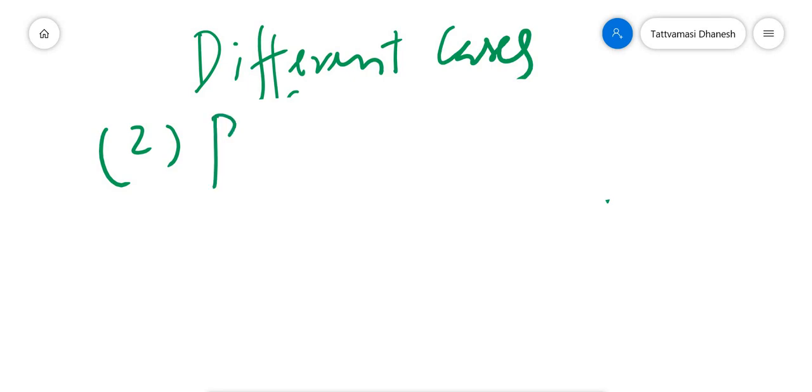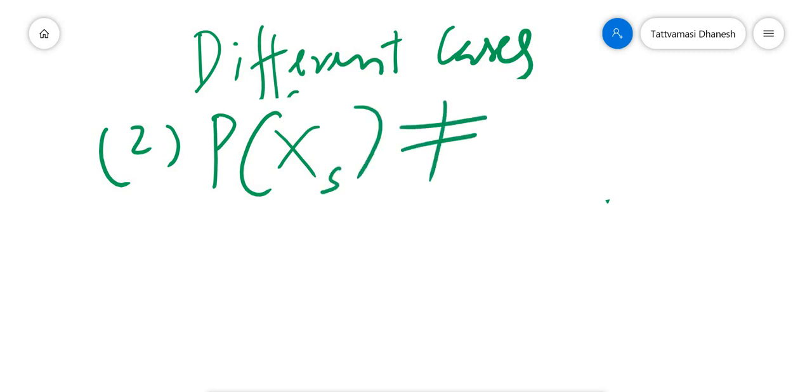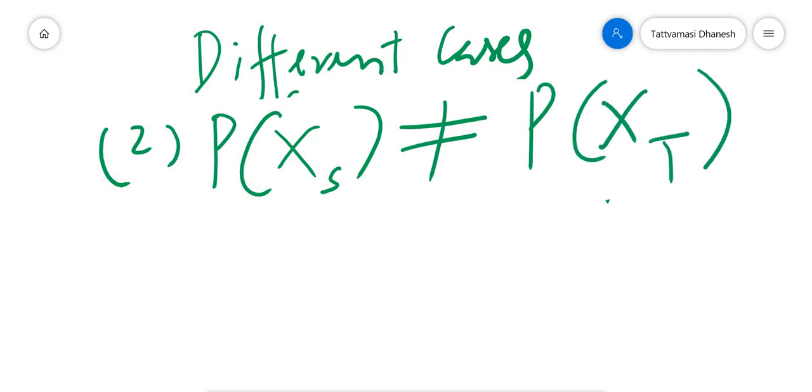The marginal probability P of x, this is not psi, sorry, this is x, P of xs not equal to P of xt. That is, the marginal probability distribution of source and target domain are different.